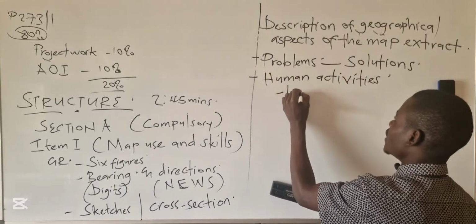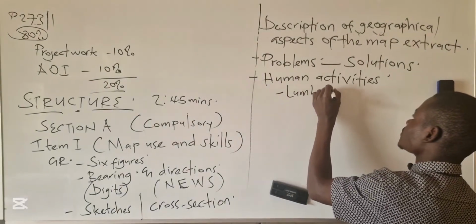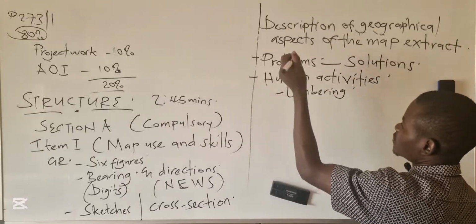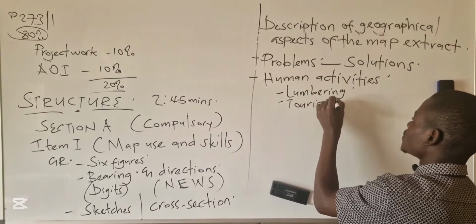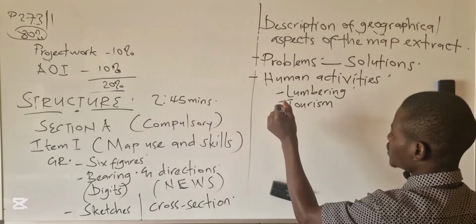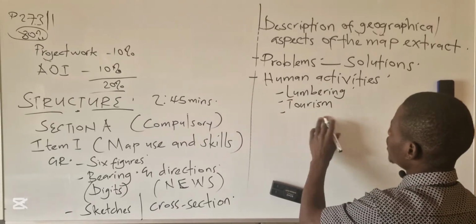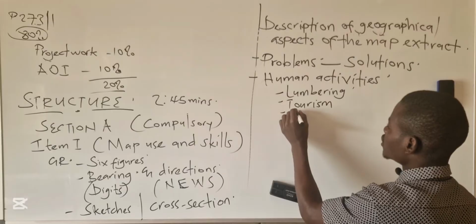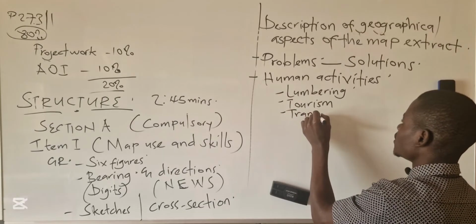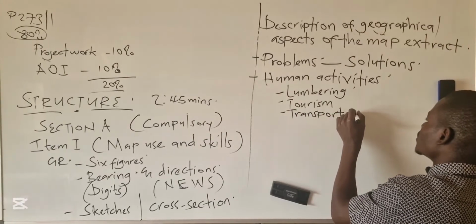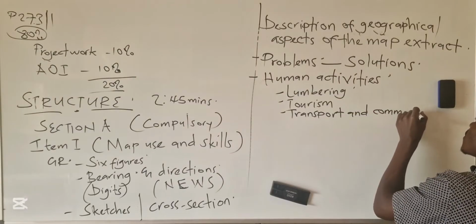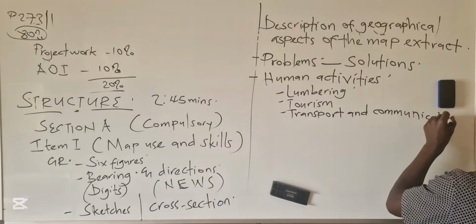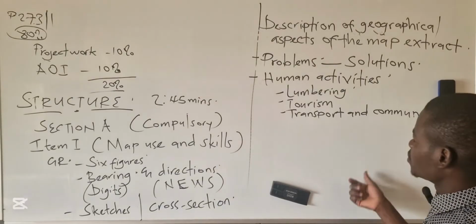You can identify lumbering. You can identify tourism based on certain symbols on the map extract. You can identify transport and communication, and other aspects.